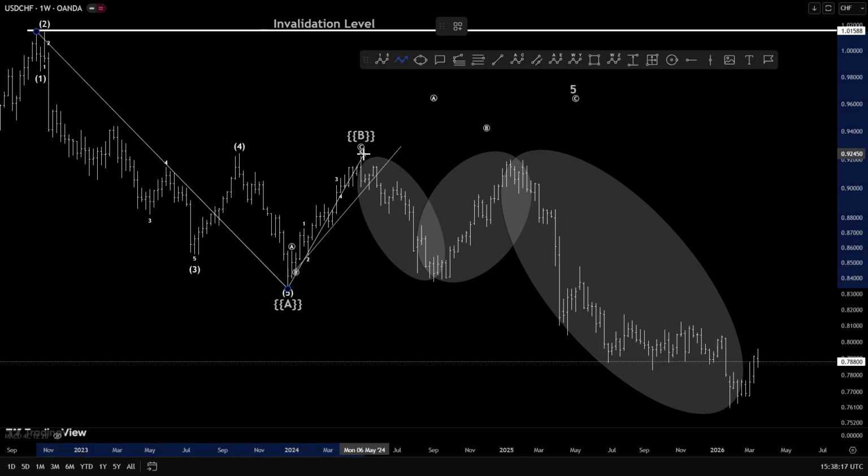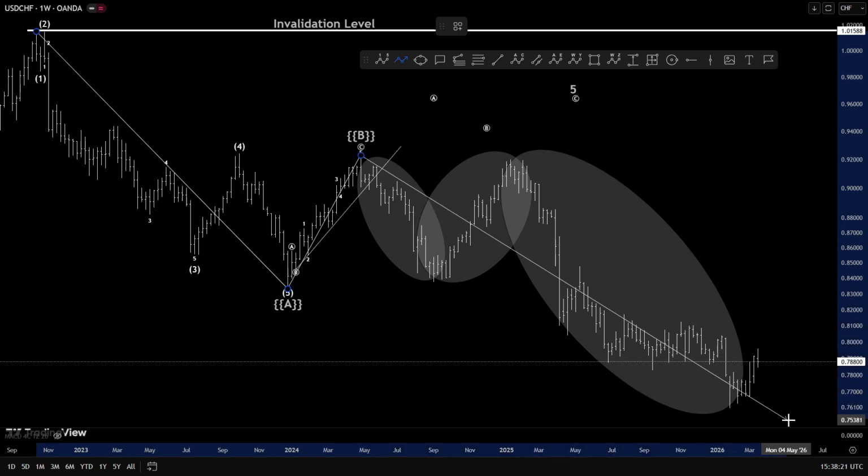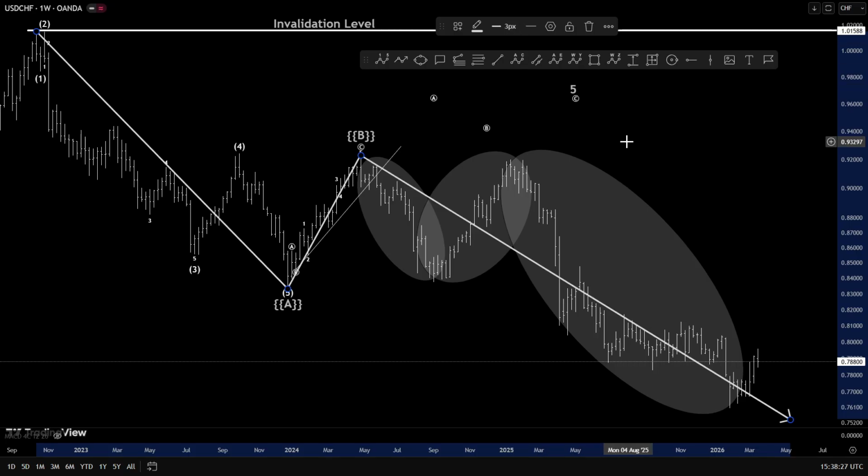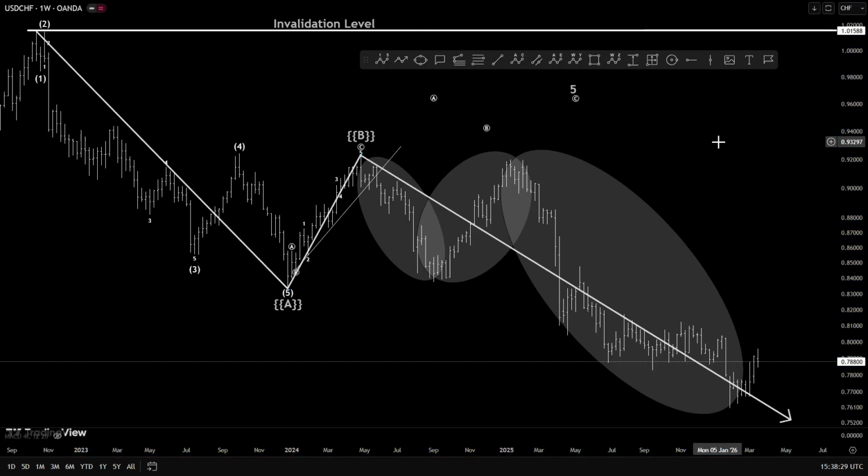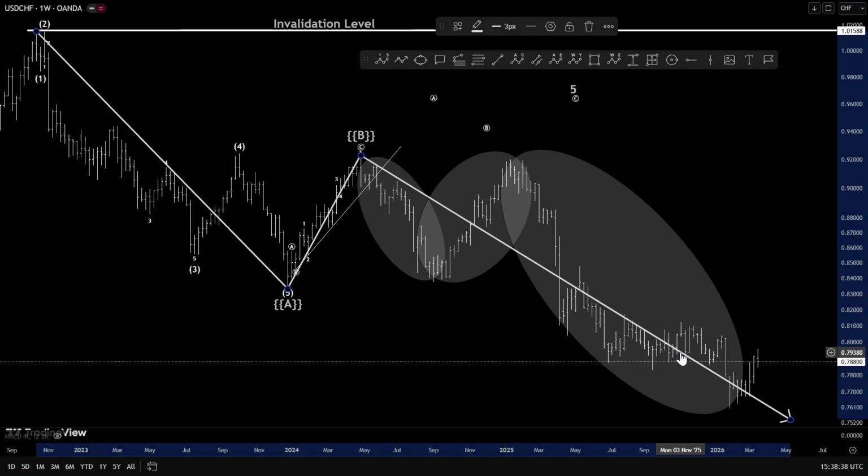We have three. Then your expectation should be what? Five. Can you see? You should see it clearly now. This is what? One, two, and three. One, two, and three, which is five, three, and five. That's the zigzag pattern for the bearish.